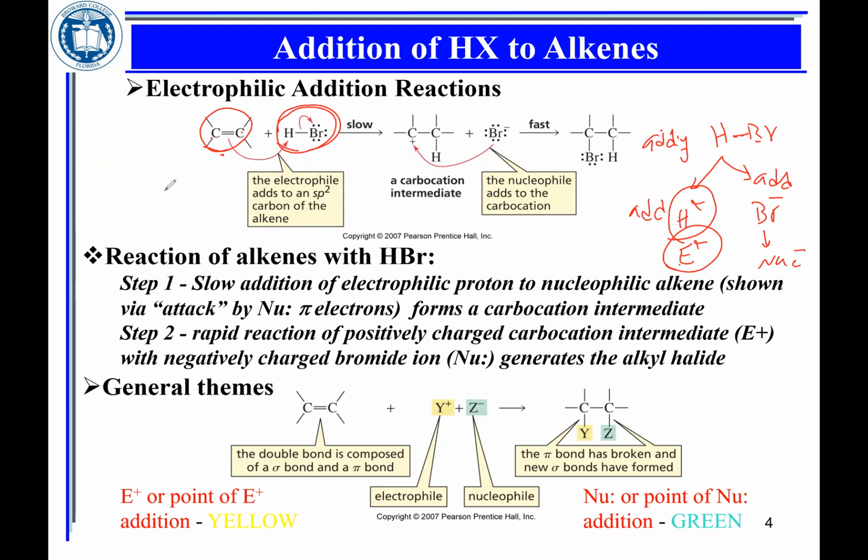The electrophile that we have here is the H plus. What happens when you get the H plus to one of these 2 carbons? Which carbon would take the H plus in this case? Second one? Okay, but is there any difference between the 2? There's no difference, right?